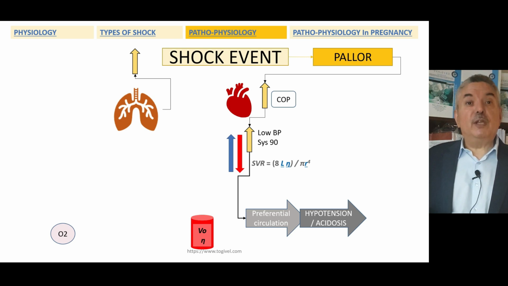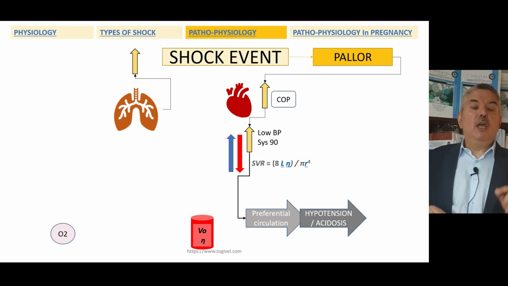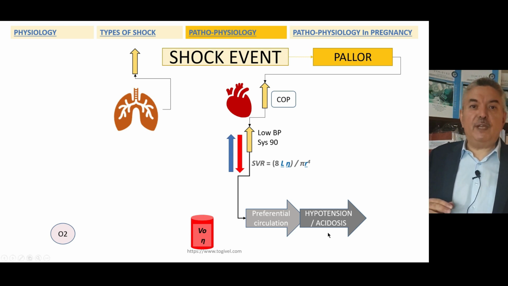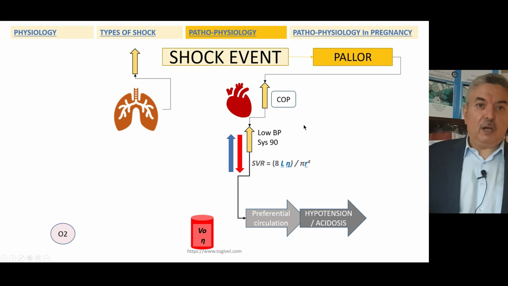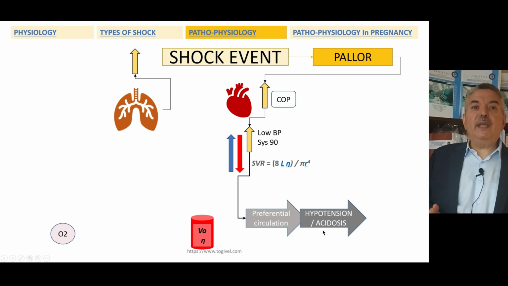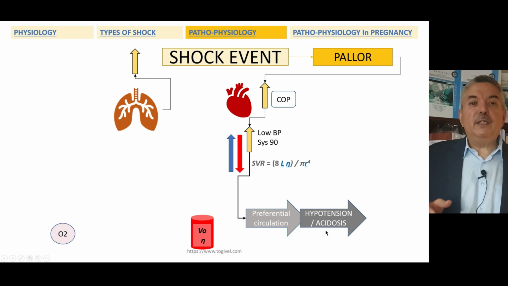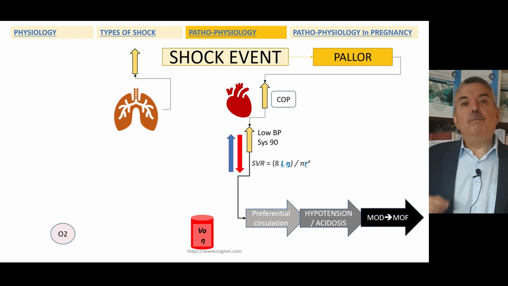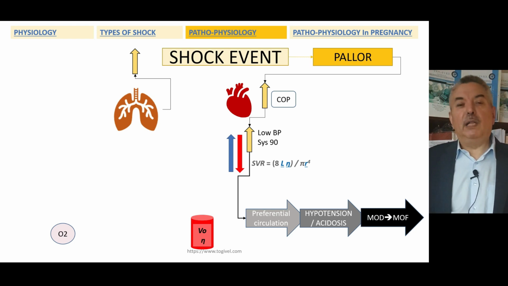So hypotension is actually a sign of decompensation. You have left the compensatory phase, you are now in a decompensation, and so hypotension occurs. After hypotension occurs, there will be multi-organ dysfunction and multi-organ failure, and eventually death of the patient.